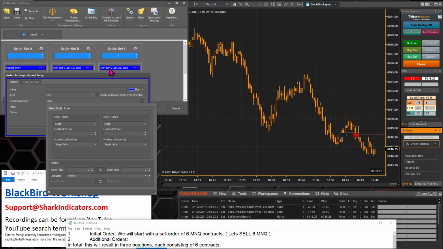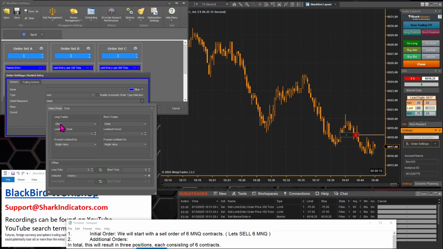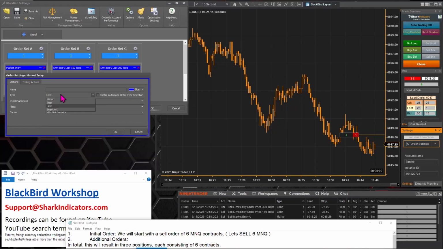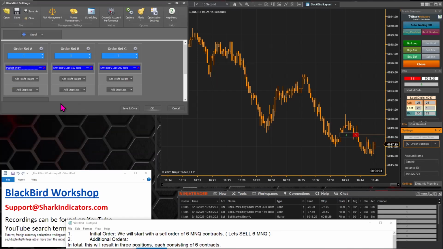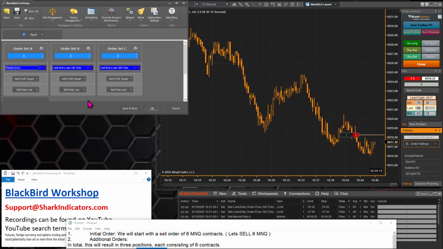The 2 scaling orders we can calculate off of this known price for the first entry order. But this is not a known price, so we're gonna introduce a little bit of slippage here.